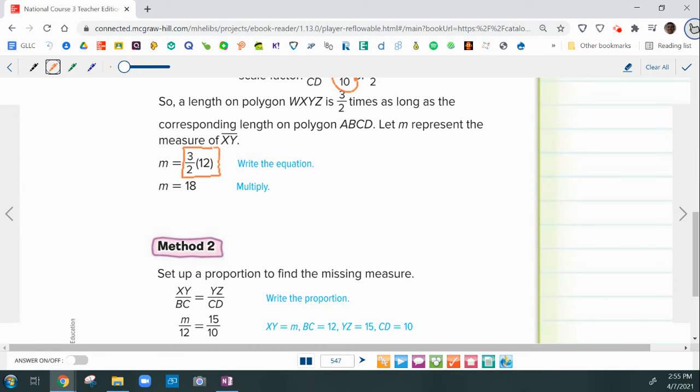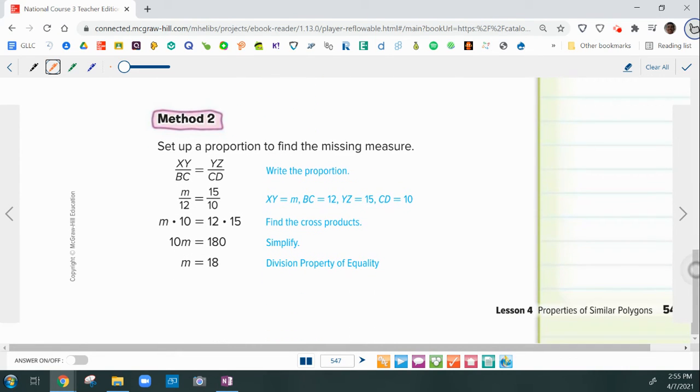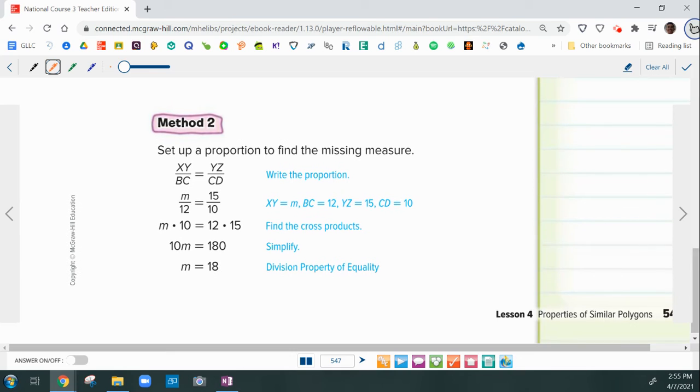Now, the other way, and the way I think is actually the easiest, is to set up a proportion. I like to start with the unknown when you're writing your proportion. A proportion is just two equal fractions written with an equal sign in between them.